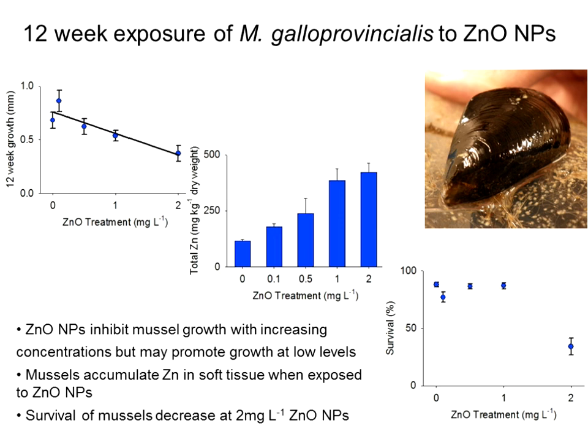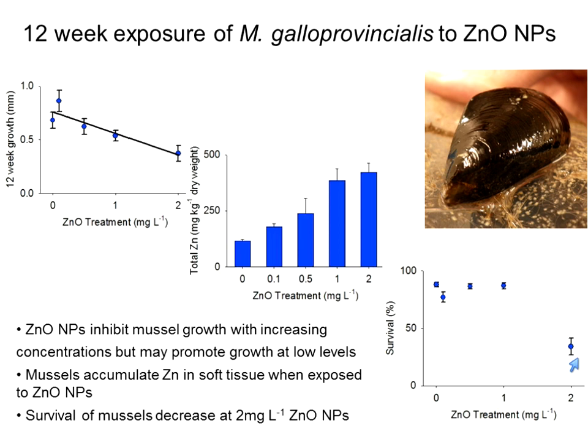And this slide illustrates the kind of data that could be obtained. You're able to see how the change in length over 12 days, the duration of the experiment, varies with exposure. You can see how accumulation varies with exposure, and you can see here how survival varies with exposure.